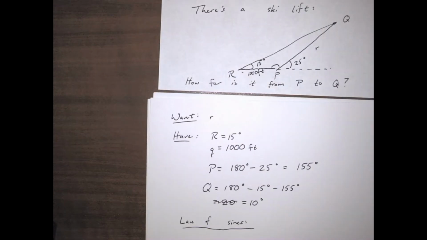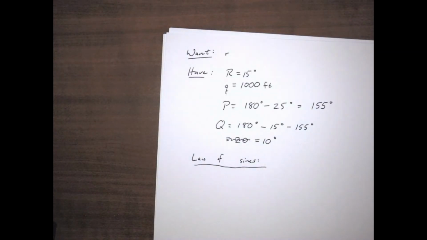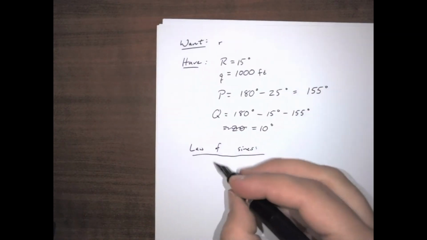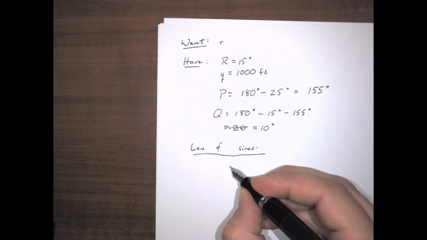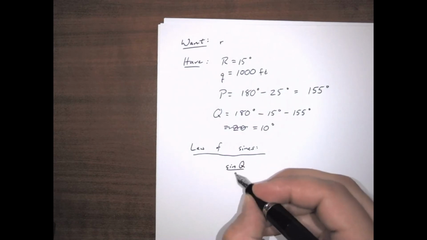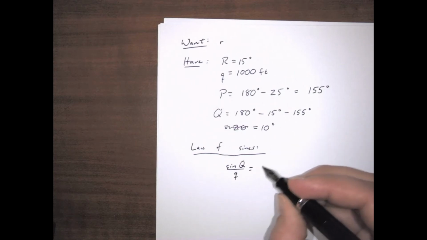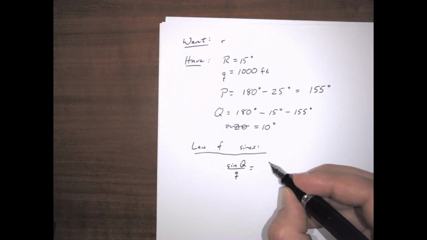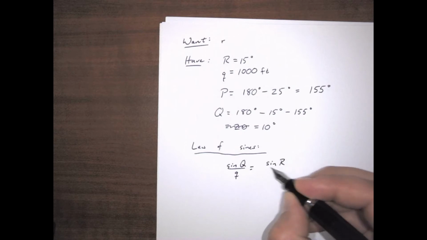So the law of sines, the way that works, just take a matching pair. So Q and q. Sine of Q over little q is equal to sine of big R over little r.